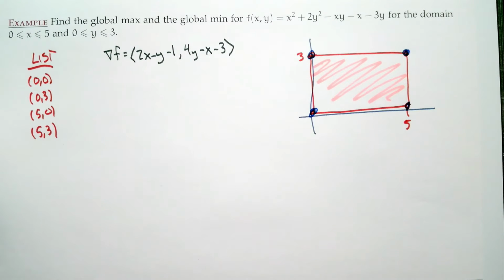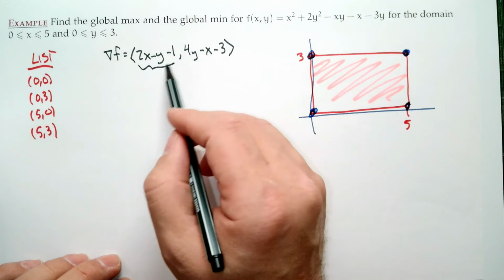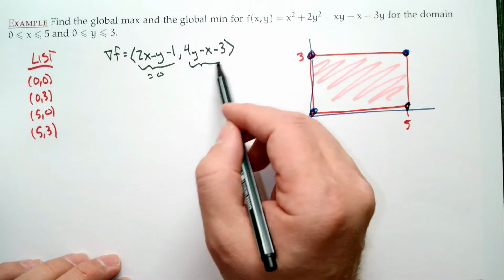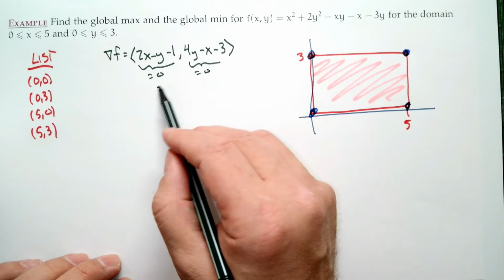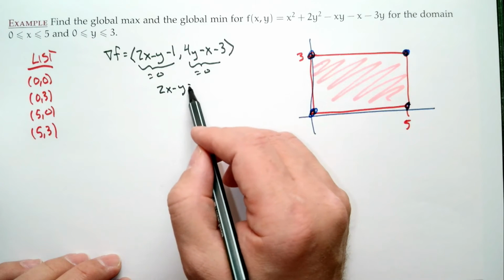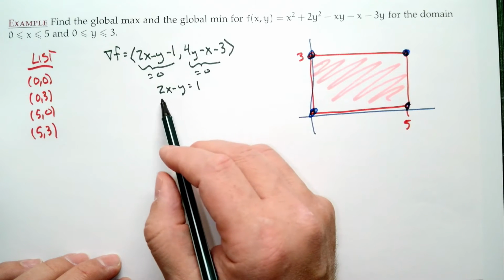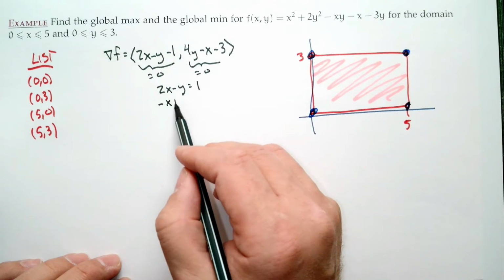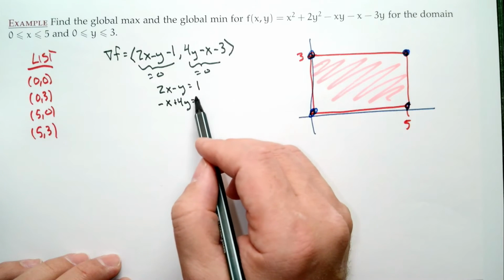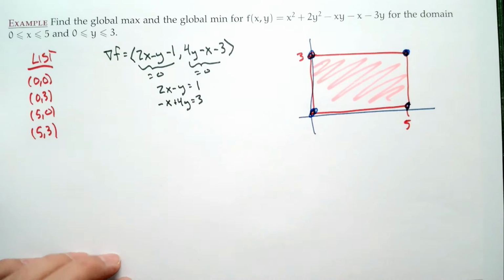Almost none of the problems you'll see will have that. And okay, so we set it equal to 0, which means that we set the first term equal to 0 and the second term equal to 0. So we get really our classic system of equations. 2x minus y equals 1, and then minus x plus 4y equals 3, if we just rearrange our equations.